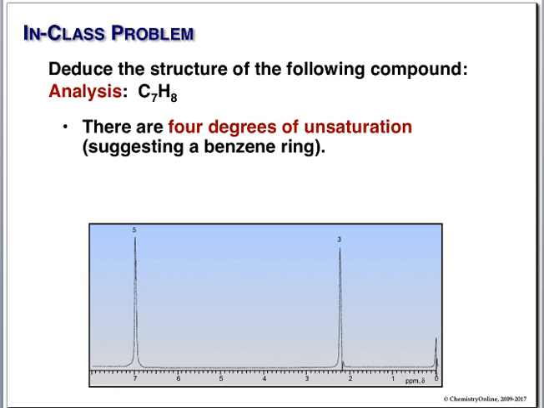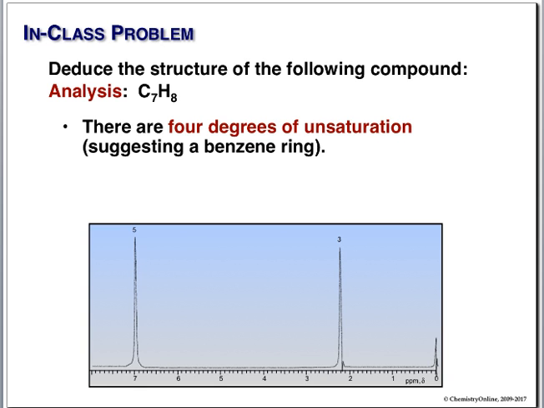Down here, just a touch over 2, we have a peak worth 3 hydrogens. 5 plus 3, this is all 8. This is a methyl group. How many hydrogens is it next to? None, because it has no splitting. This is simple.